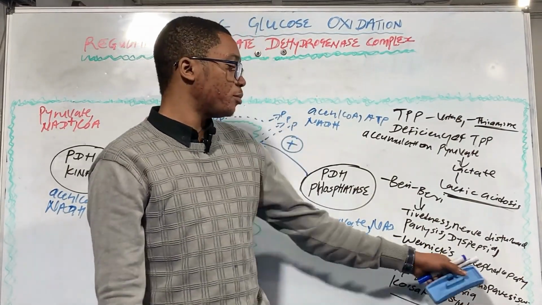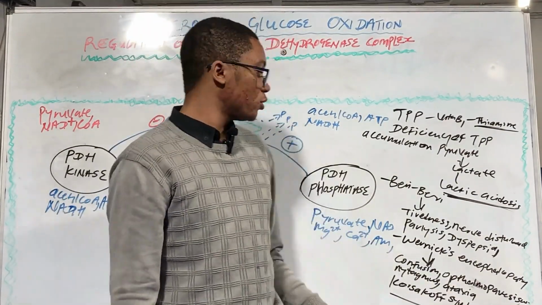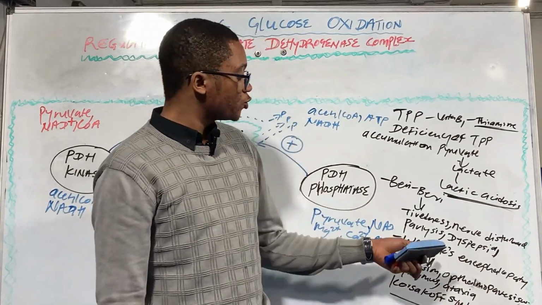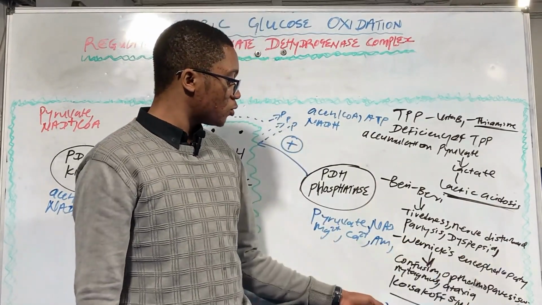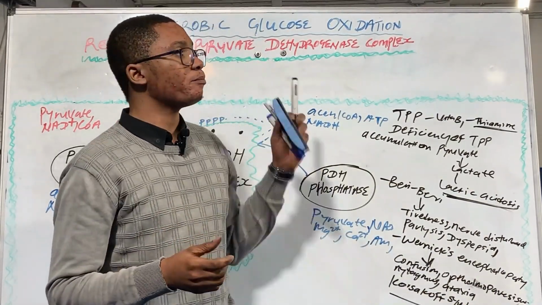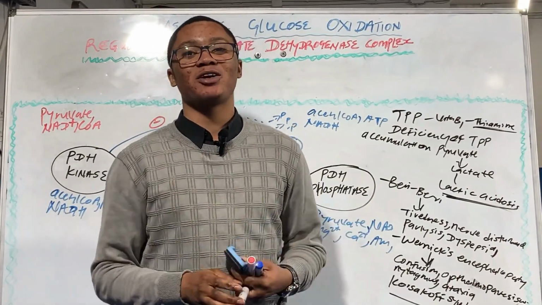And if Wernicke's encephalopathy is not treated, it may develop Korsakoff syndrome. So sometimes we call it Wernicke-Korsakoff syndrome, because untreated Wernicke's encephalopathy leads to Korsakoff's syndrome. So this is the clinical relevance of the pyruvate dehydrogenase complex and the regulation of pyruvate dehydrogenase complex.